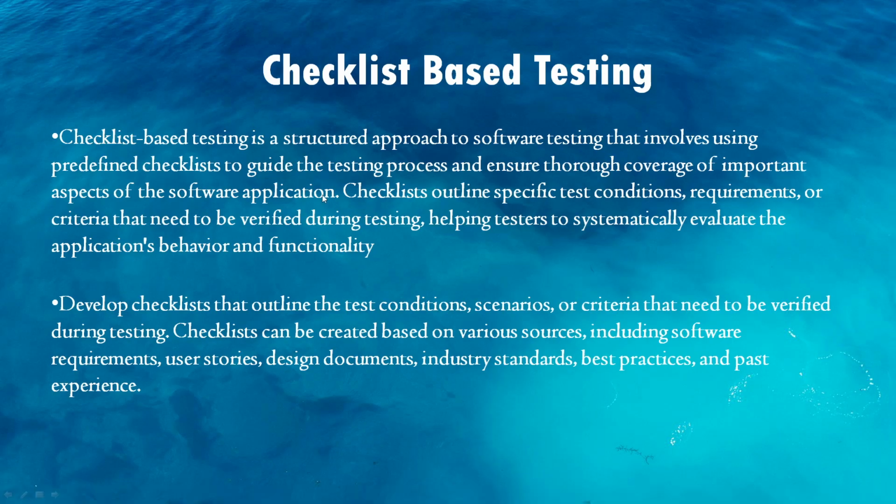Checklist based testing is a structured approach to software testing that involves using a predefined checklist to guide the testing process and ensure coverage of important aspects. The difference between usual testing and checklist based testing is that we are not going to spend lots of time on design.